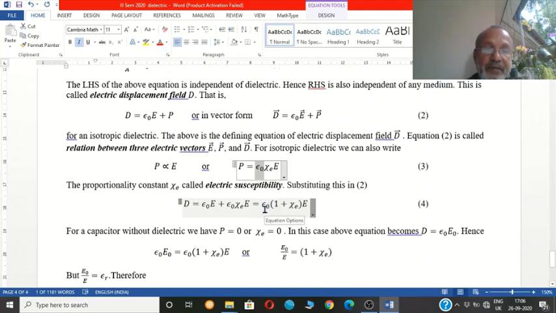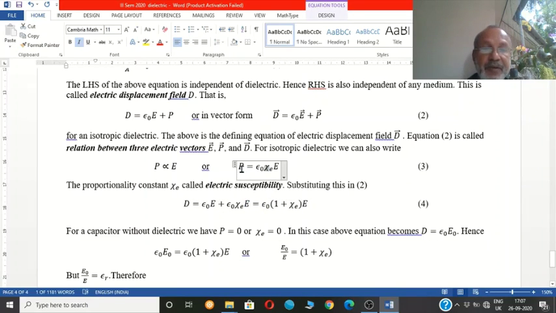This proportionality constant is called electric susceptibility, chi E. When you study magnetism, you will come across a magnetic susceptibility also, chi M. Here we are studying electric susceptibility, denoted by chi E.